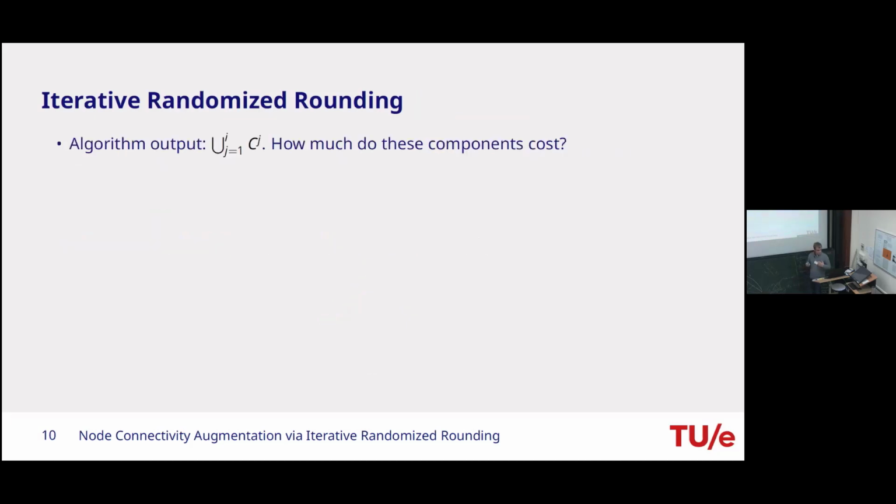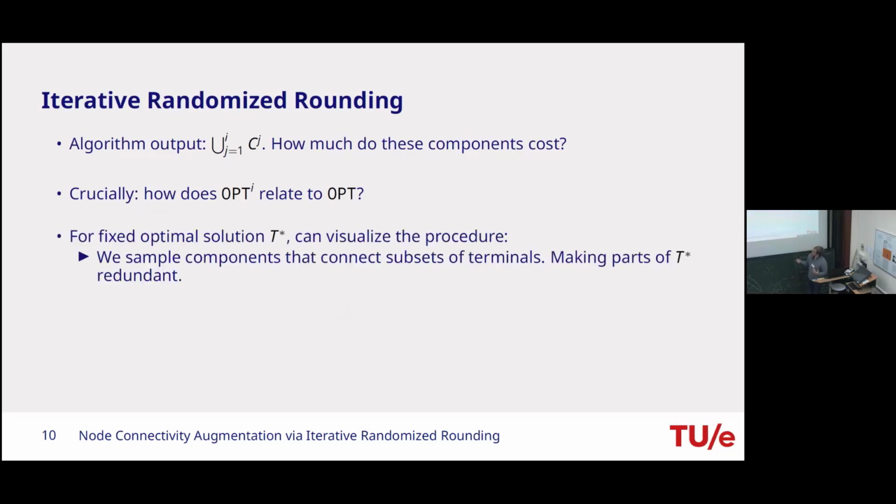So then we want to know how much these components cost, and particularly how do we relate the optimal solution at each of these contracted versions of G to the optimal value of G? And one way to go about this is if we imagine some fixed optimal solution T star, then we can imagine the procedure as basically taking this optimal solution T star, adding the component to it, and then going, oh, interesting, some parts of T star are made redundant by this, so we can just pull out these nodes.